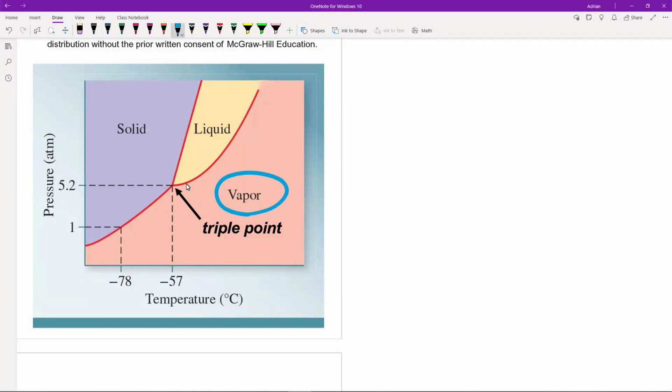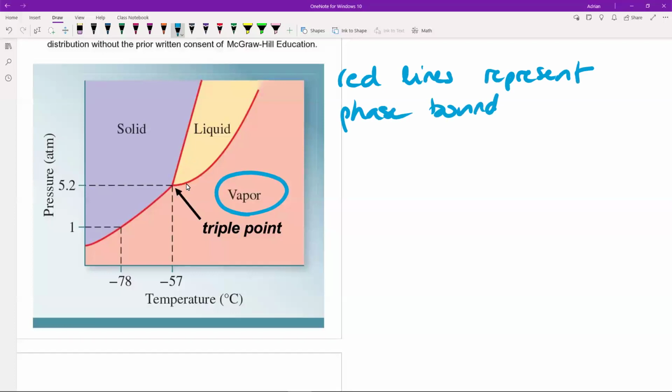And what that line represents, the red lines in this particular example, is the phase boundary between each of the physical states that it borders, and that tells us the conditions under which those physical states can exist together, can exist in equilibrium.